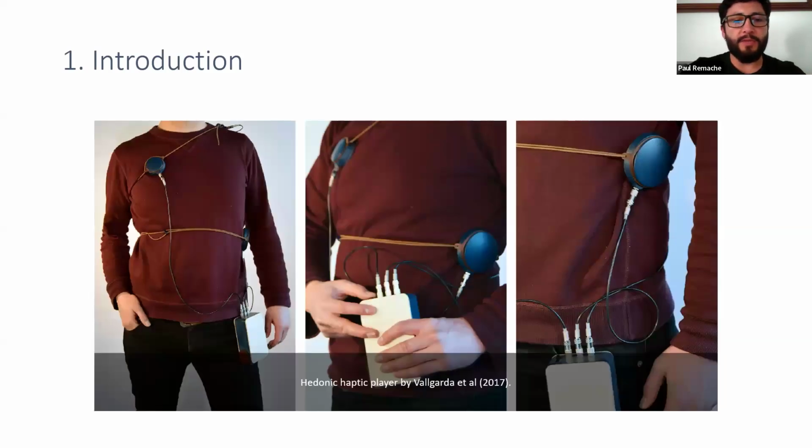So in the field of music, some researchers a couple of decades ago found that it is possible to represent music or some musical characteristics through vibrotactile feedback. Here we can see a novel device called the Hedonic Haptic Player, designed by Valgarta et al. in 2017. It's quite similar to a Walkman, if you are familiar with the Walkman or these iPod devices that play music.